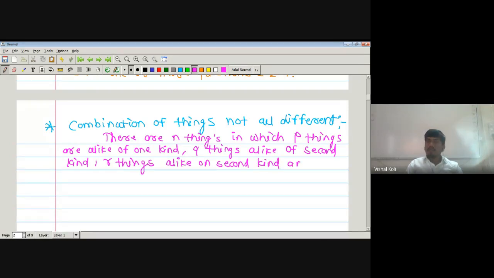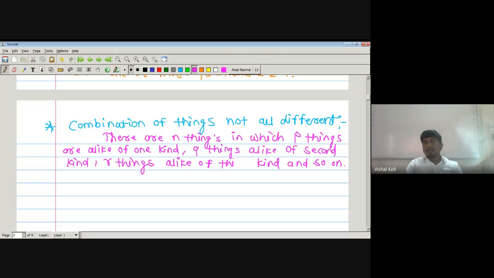So here there are n things, in which p things are alike of one kind, q things are alike of second kind, and r things alike of third kind, and so on.